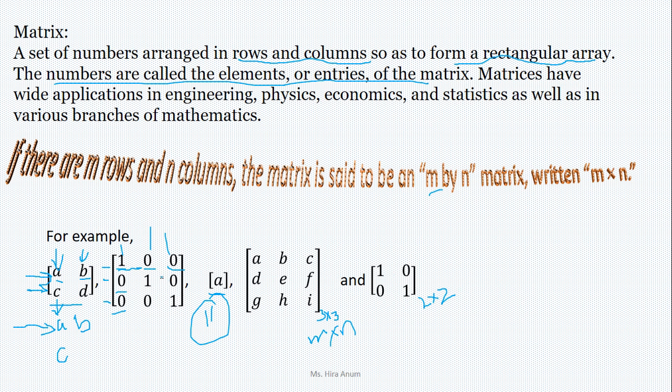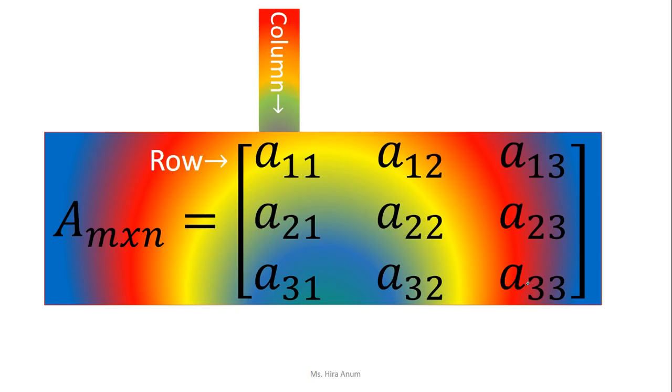Firstly you write rows 1, 2, columns 1, 2. This is also changed. You can write 1 cross 2, 2 cross 1. Order will change as the matrix changes.